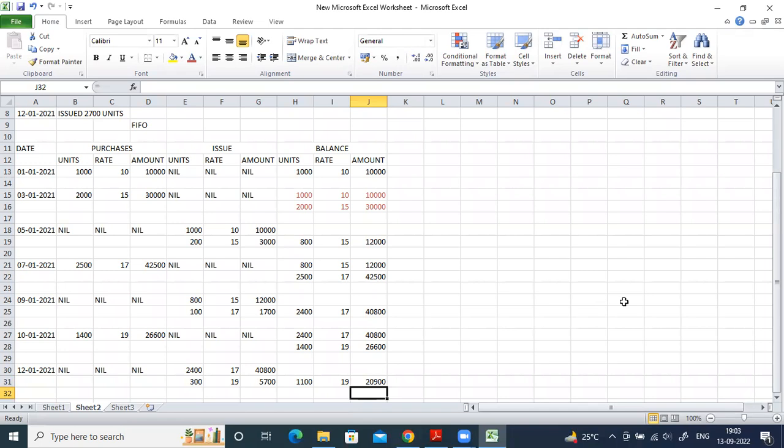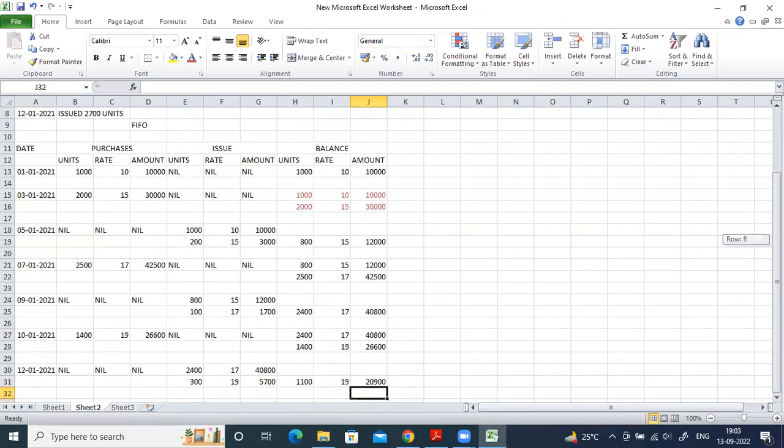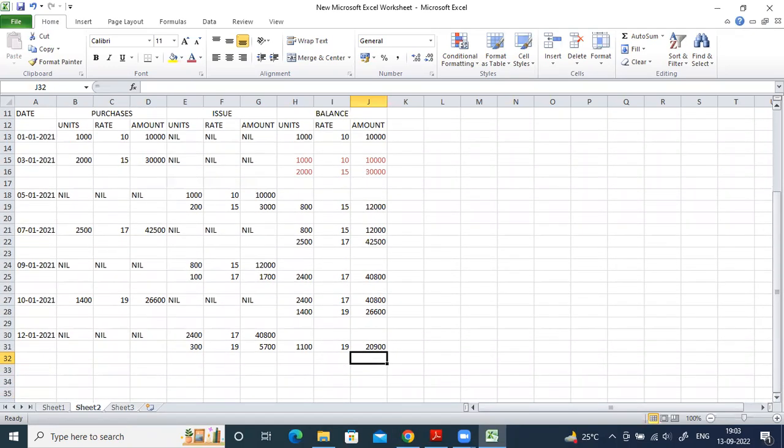Sir, can you please share this Excel sheet? One second. Are you using a laptop or mobile now? Sir, mobile. Scroll down, sir, I'll take a screenshot. Scroll up. Hold on, one second.